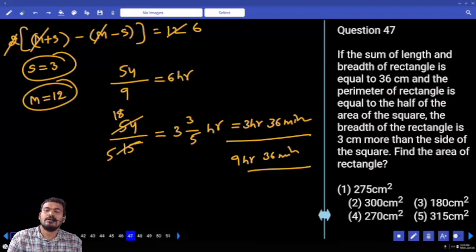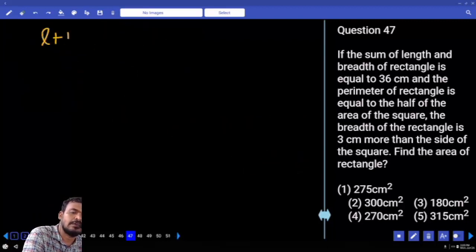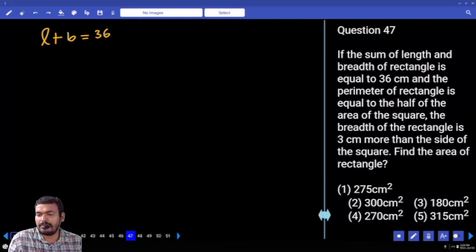Question 47. The sum of the length and breadth of a rectangle is equal to which one? 36. Means L plus B is 36 or L minus B is 36? L plus B is 36. Next line, the perimeter of a rectangle is equal to half of the area of a square.